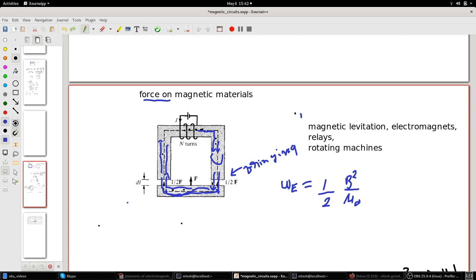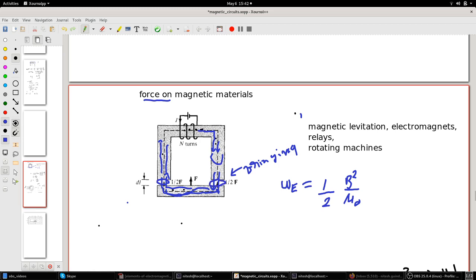So now what we know is that how much force will be needed to get this rod up towards the electromagnet will be dependent on how much energy is stored in this particular air gap. There are two air gaps here.